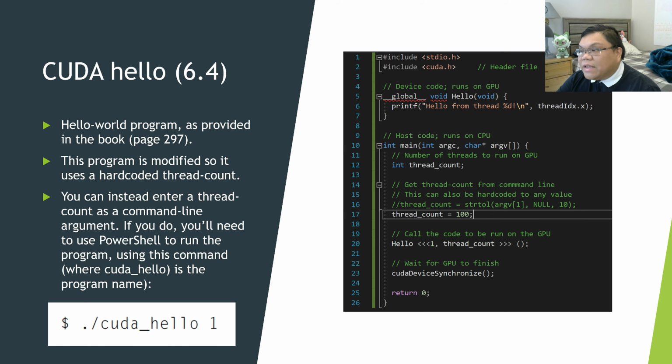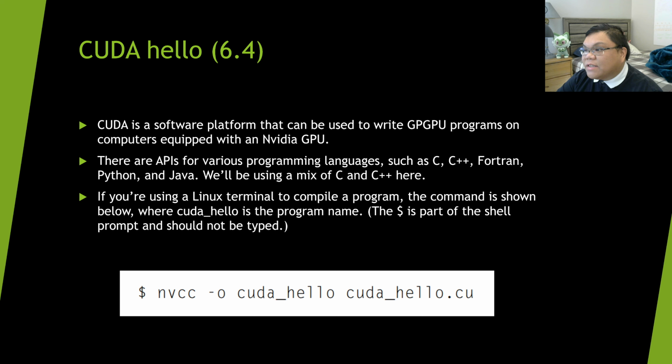Why did I say it's a combination of C and C++? Well, simply because the CUDA compiler is actually a modified C++ compiler, and in some cases, we need a mix of C and C++. So, this is section 6.4. The CUDA C compiler can compile both C and C++ programs.